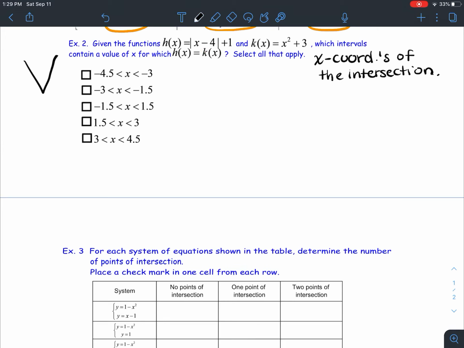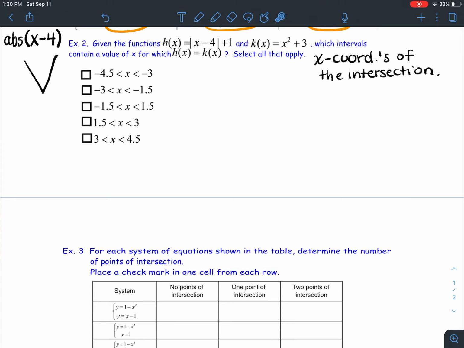An older calculator will still read ABS with a parenthesis, whereas you will type x minus 4 and then close a right parenthesis to show that's the end of the absolute value bars. You'll need to then hit the right arrow on your calculator to come outside the absolute value bars, hit +1, and come down to Y2 and type the k of x equation there.